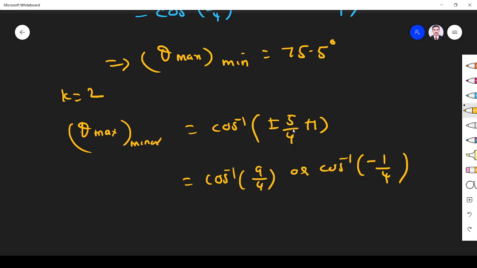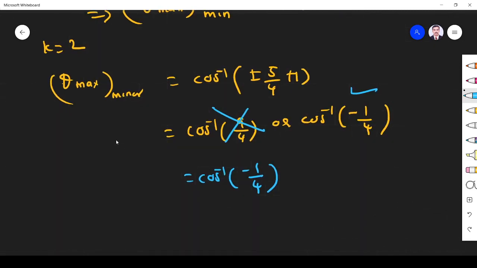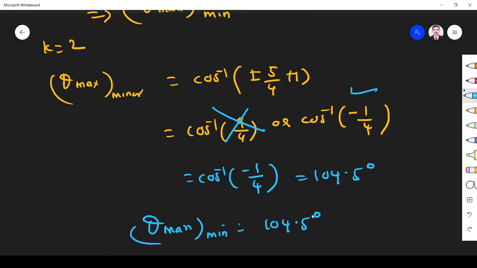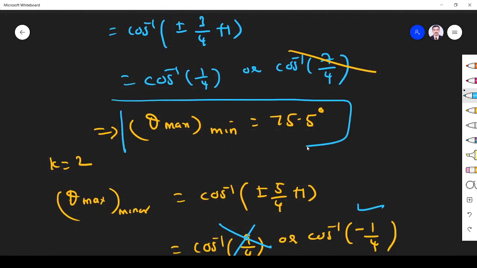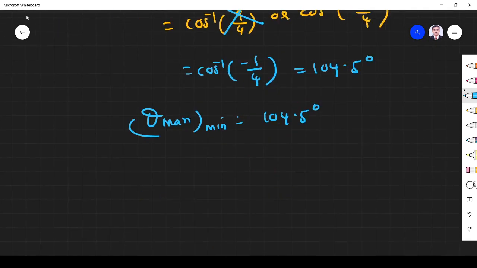Again, cos cannot be greater than 1, so 9 by 4 is not possible. Only cos inverse minus 1 by 4 is possible, which is 104.5 degree. So the direction of the minor lobe maximum is 104.5 degree. Already we have one minor lobe maximum at 75.5 degree, so we have two minor lobe maxima.